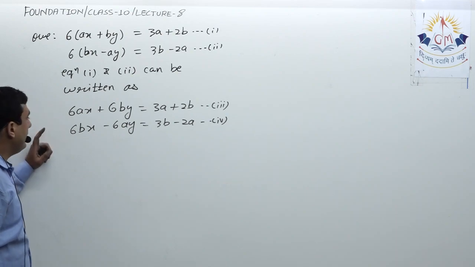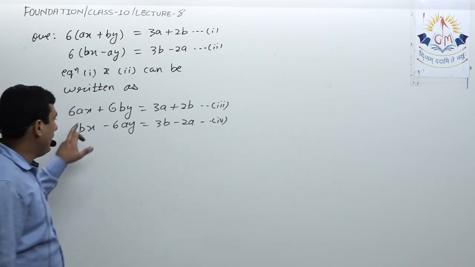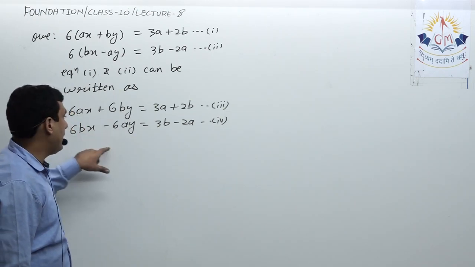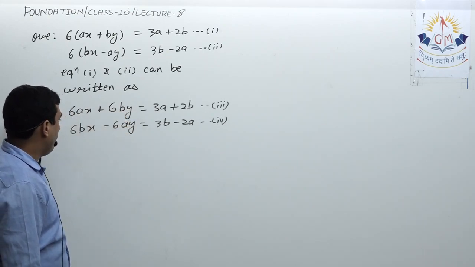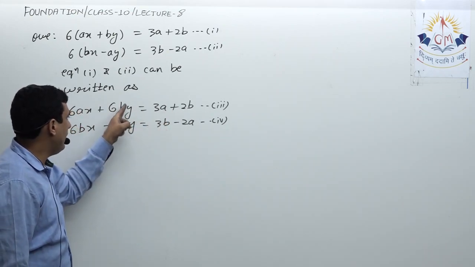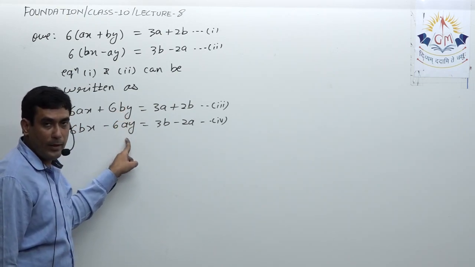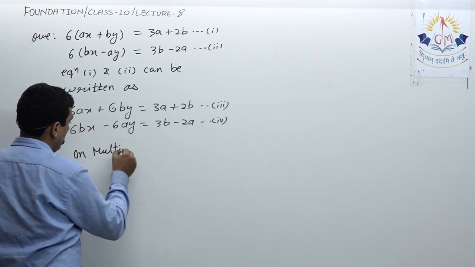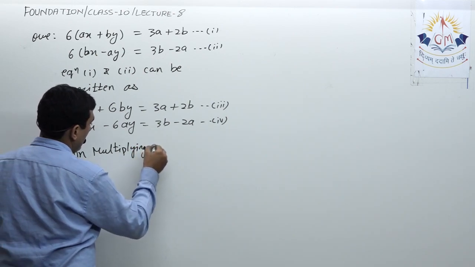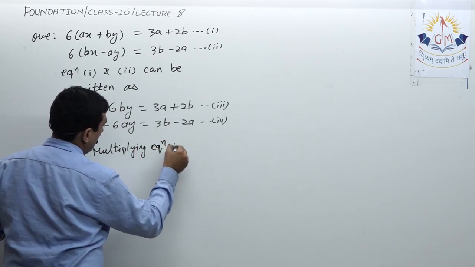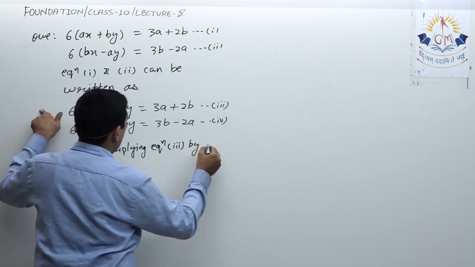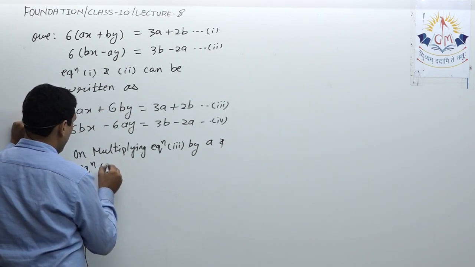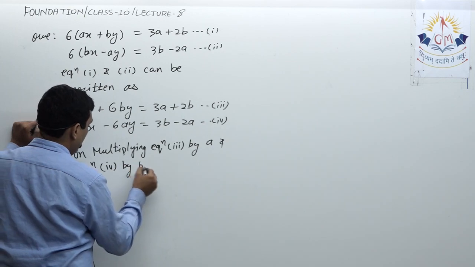Now to eliminate x or y, we have to make the coefficients equal, and the signs should be opposite. Obviously we'll try to make the coefficient of y the same, and for that you have to multiply equation 3 by a and equation 4 by b.